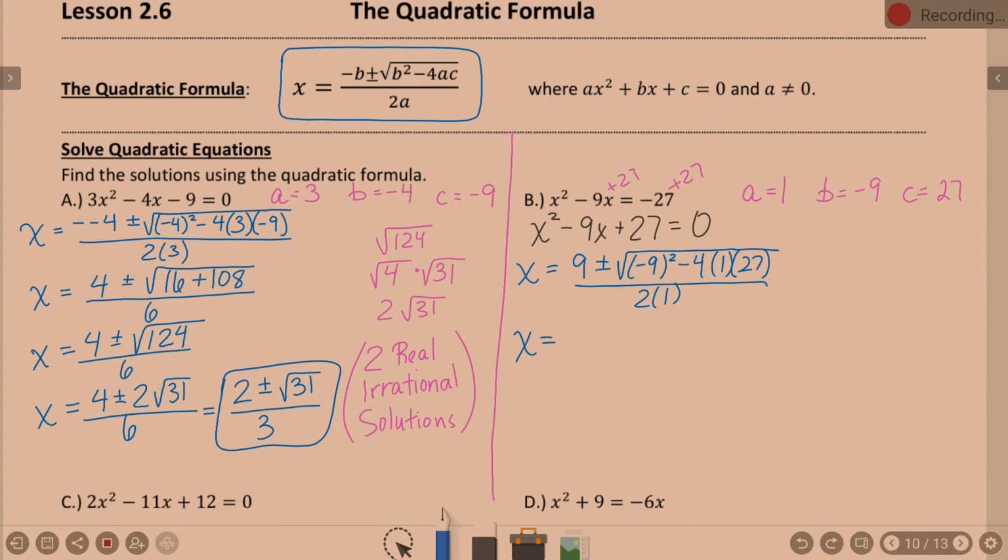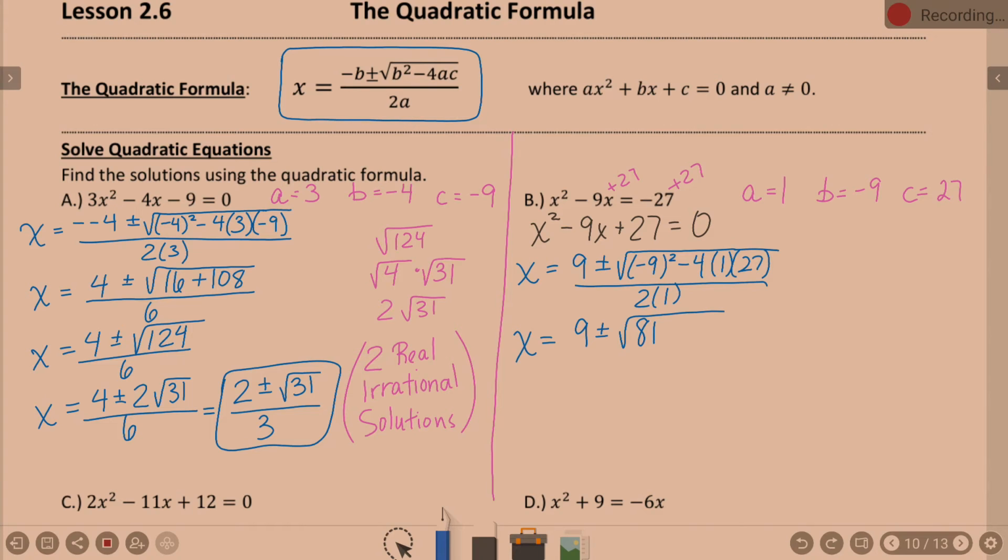Okay, some cleanup. 9 plus or minus, what's going on under that radical? -9 squared is 81. Minus 4 times 1 times 27.